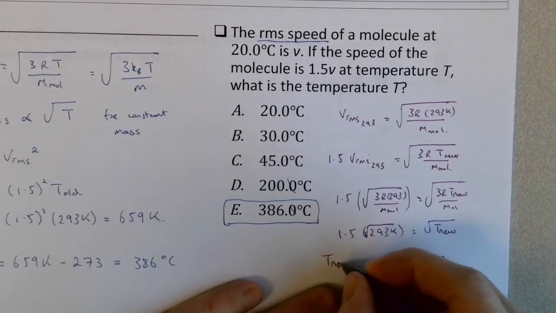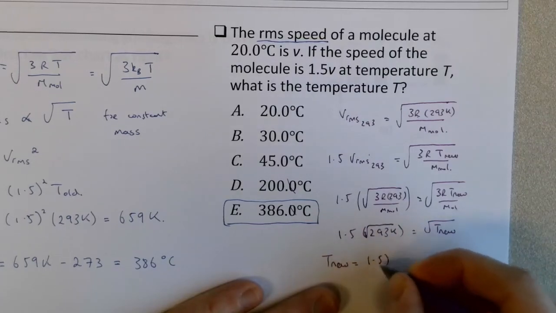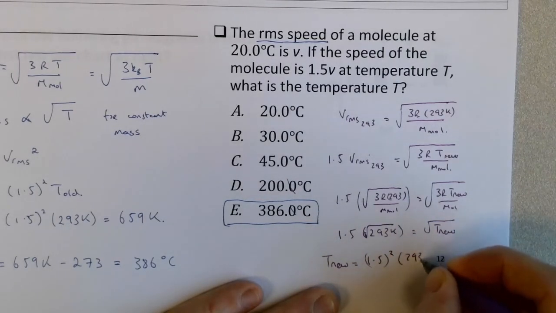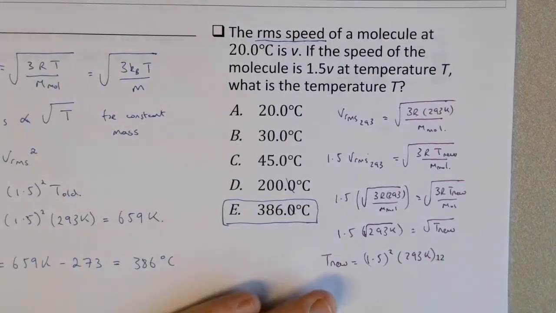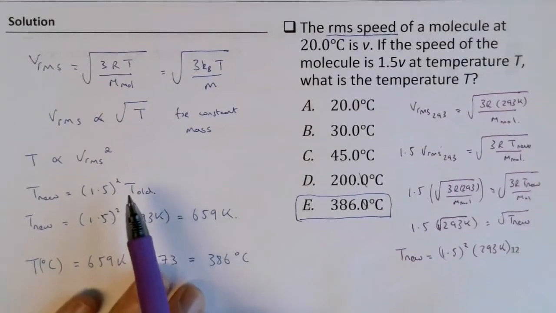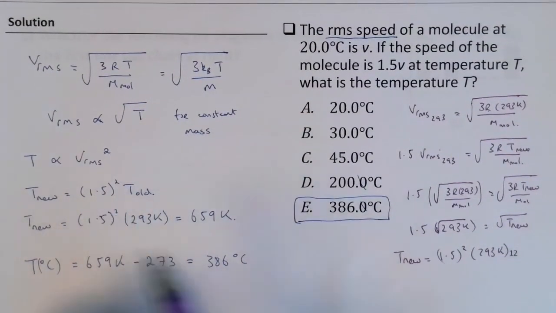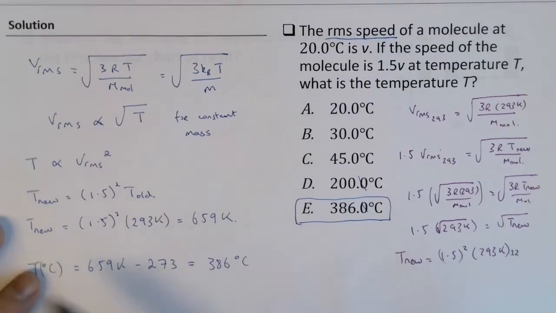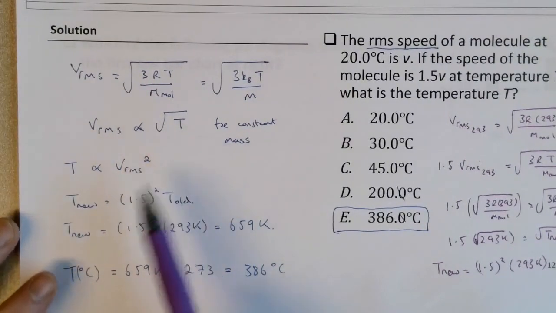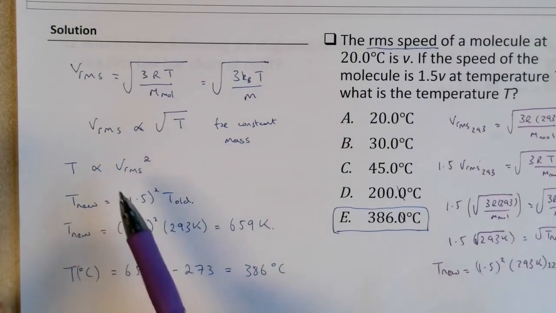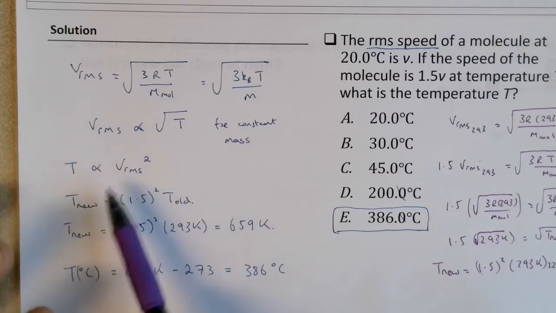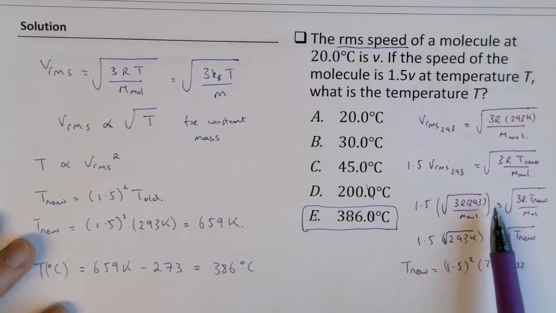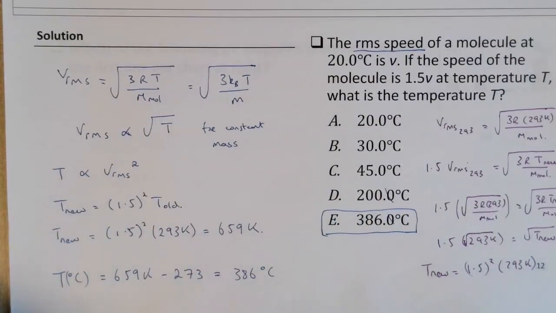So T new will be 1.5 squared times 293 Kelvin, which is exactly what we had over here. Now, maybe it's a bit subjective how long these steps take you, but once you have the proportionality, it can be a very useful technique to see that you don't have to concern yourself with constants if you're just looking at a proportional reasoning question.